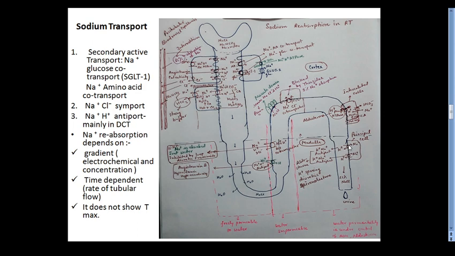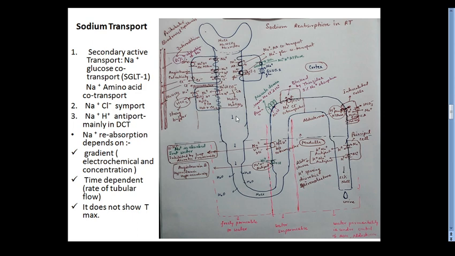So here the sodium is reabsorbed and potassium is excreted, and with the sodium and hydrogen ion antiport, sodium is reabsorbed into the renal tubular cells, and hydrogen is actively secreted out into the tubular fluid. In this manner, almost all the sodium ion gets reabsorbed.